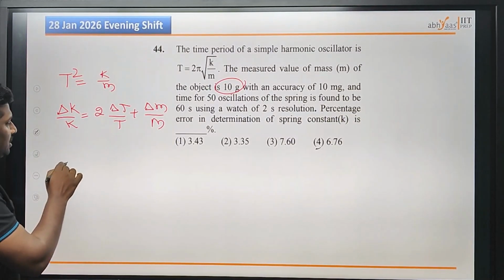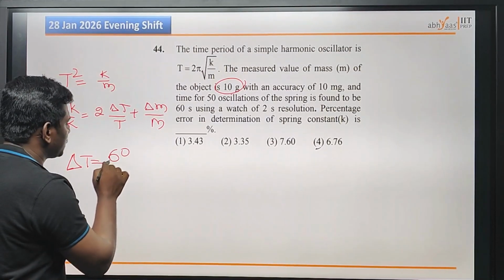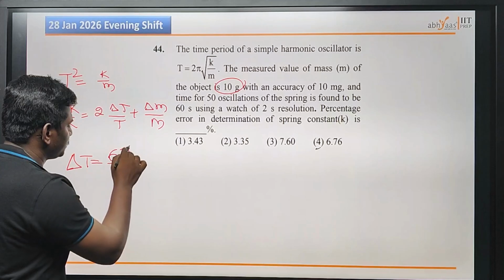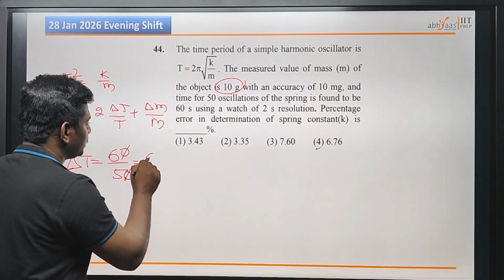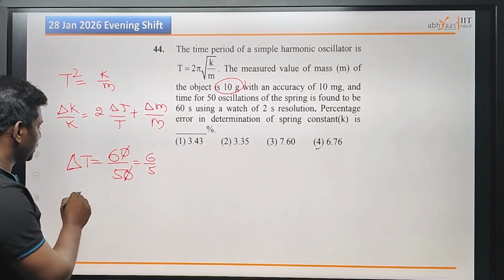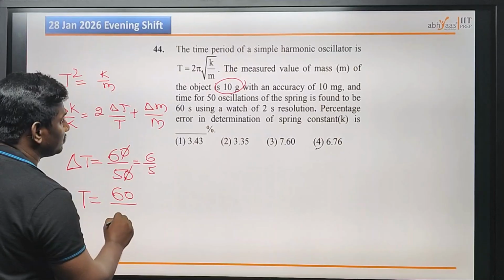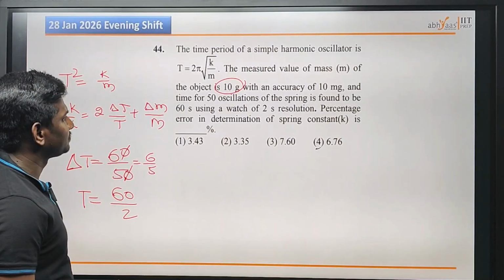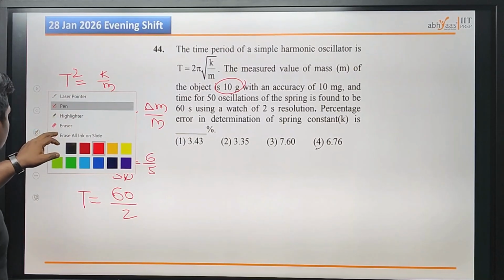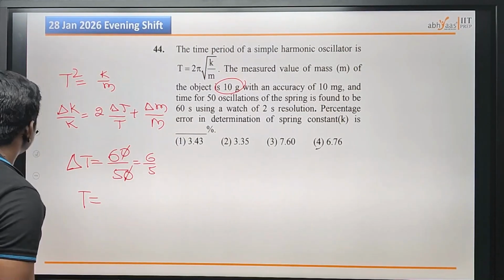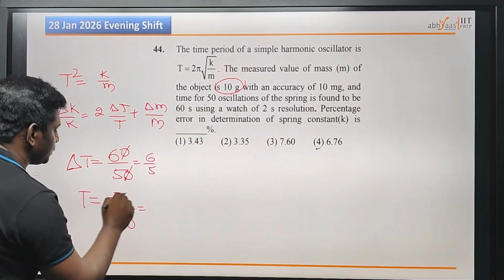What is delta T? So delta T can be written as 60 seconds by 50 oscillations, that is 6 by 5. What is T here? T is 60 seconds by 50 oscillations.